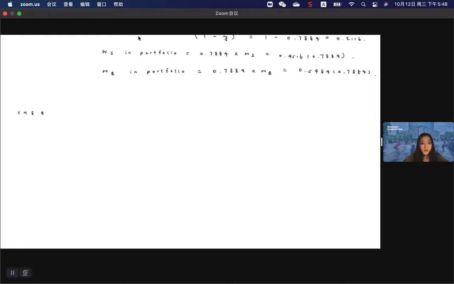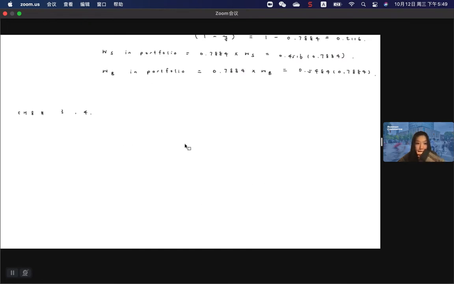And for chapter 8, you're assigned number 3 and 4. Number 3 says, consider the following regression line for stock A and B in the following figure.